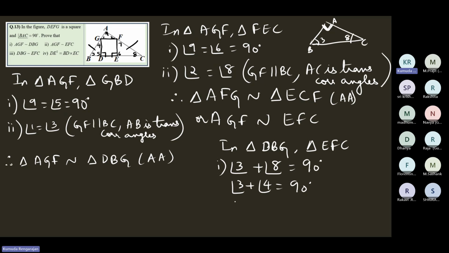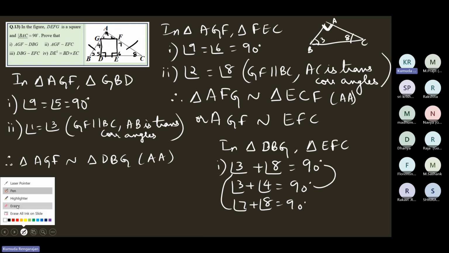Or you should write 7 plus 8 is equal to 90, where two angles of the same triangle sum to 90. Now you can compare this with this and this with this. So this idea is what I said, remember this.